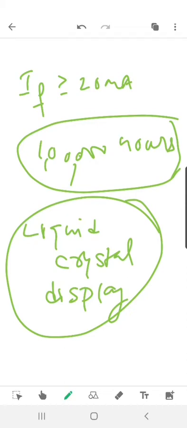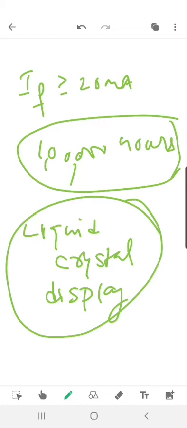And LEDs are also used in toys and decoration lights. Nowadays we are getting LED bulbs and LED tube lights. So everything is moving towards LED.